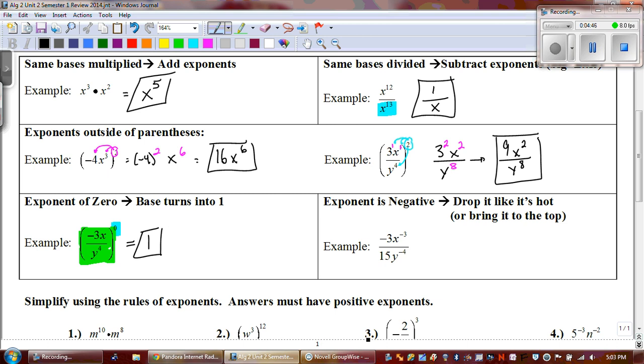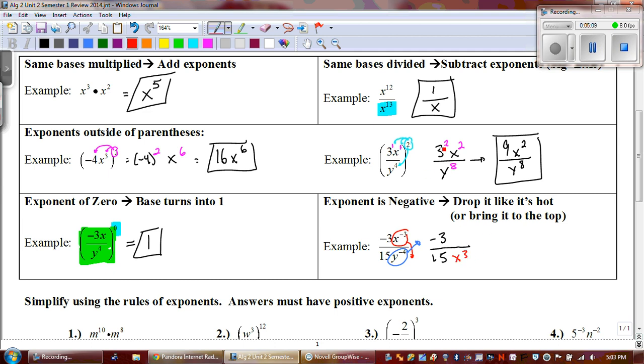And then if your exponent is negative, we drop it like it's hot. So your exponent's negative, drop it like it's hot. If it's already on the bottom, bring it to the top. And remember, it doesn't apply to negative numbers, so that -3 stays there, okay?